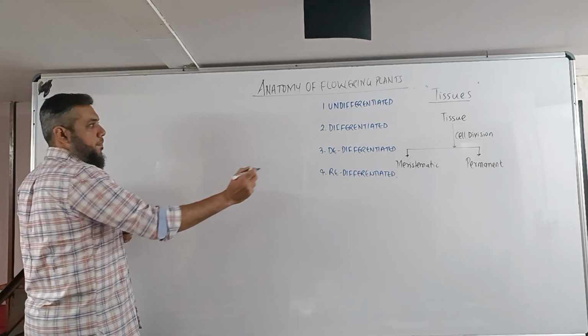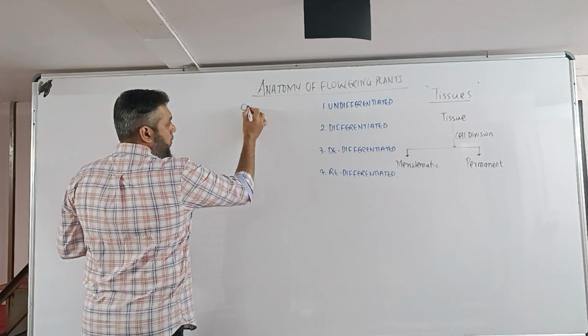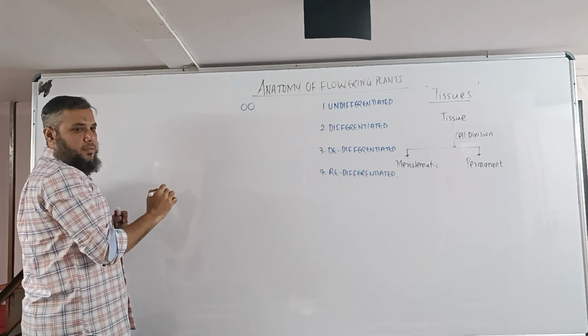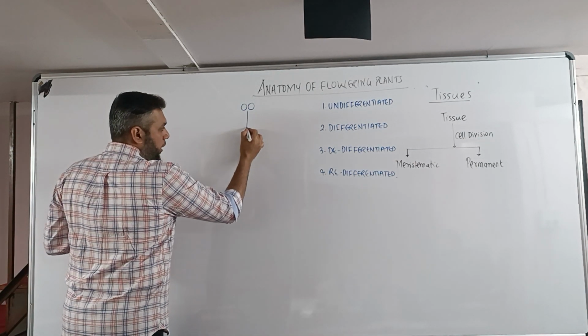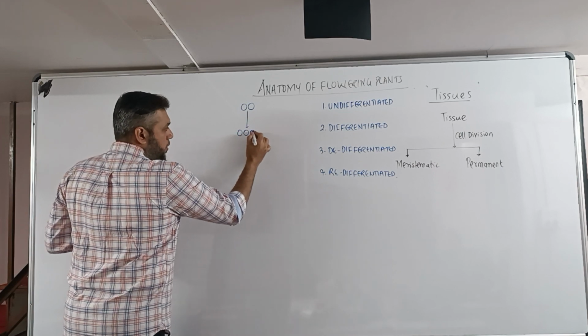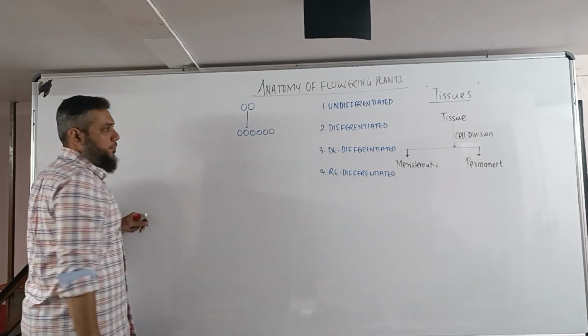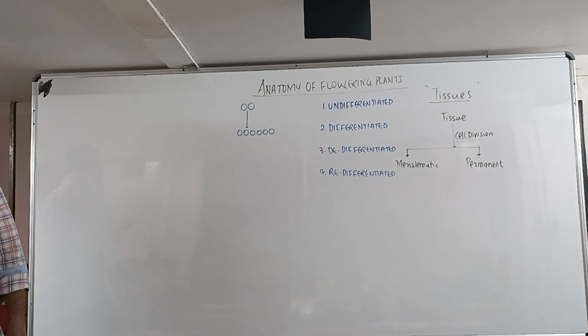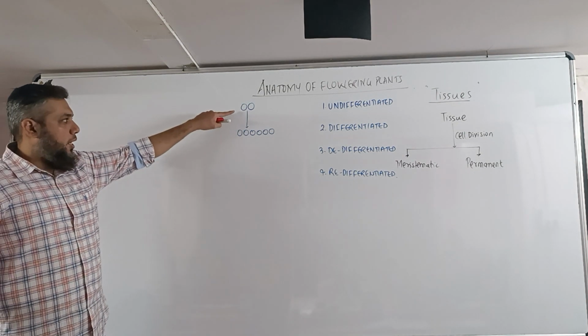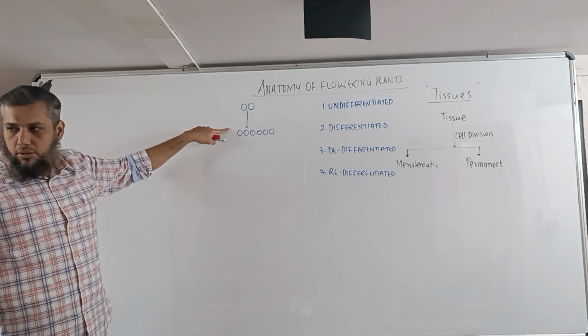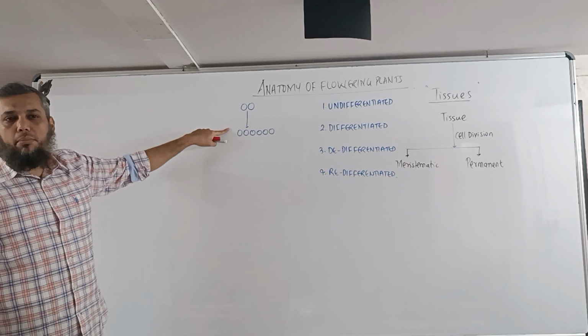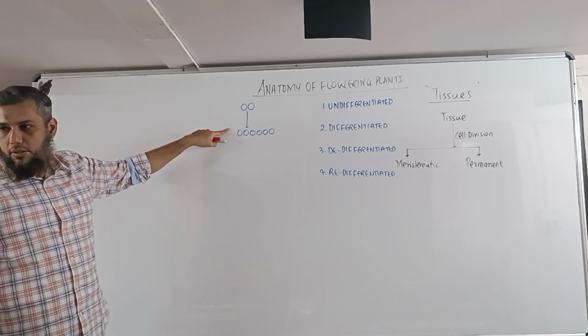Listen. Look at these cells. They are undergoing cell division, and all the cells are the same. There is no division of labor. These cells are dividing, and there is no division of work among them.